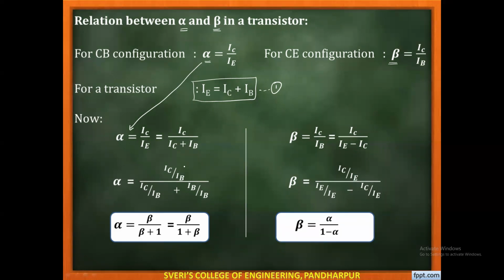This IC upon IB I can write as beta, and this IC upon IB also is beta, and IB upon IB is 1. So we got the important relation of alpha in terms of beta: alpha is equal to beta upon 1 plus beta, or beta plus 1, the same thing.